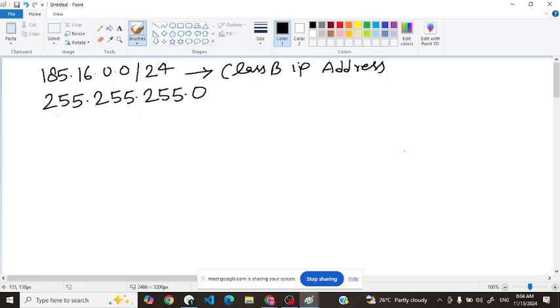If we write the subnet mask in binary form, it should be 8 ones, 8 ones, 8 ones, 0, 0.